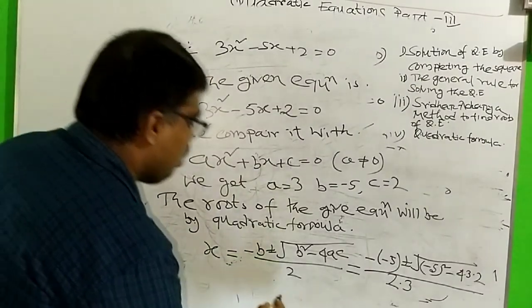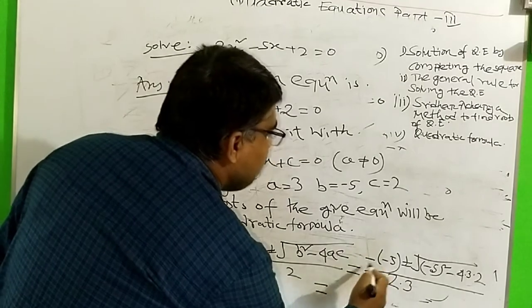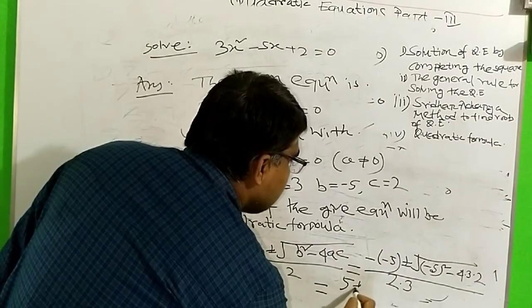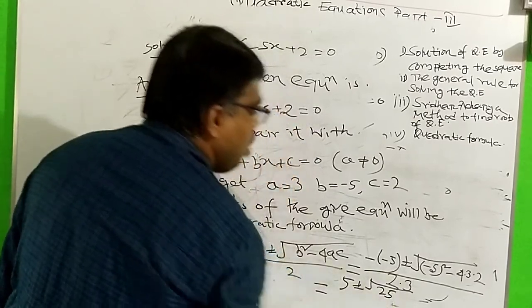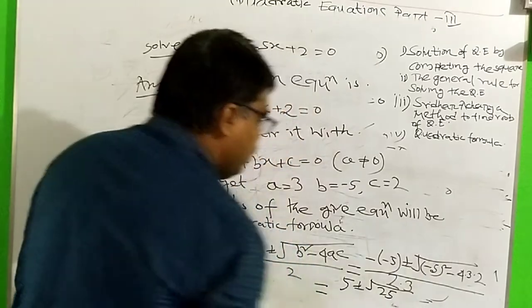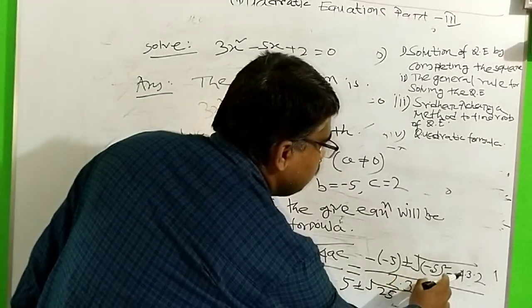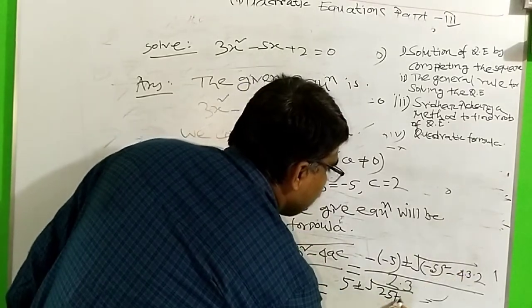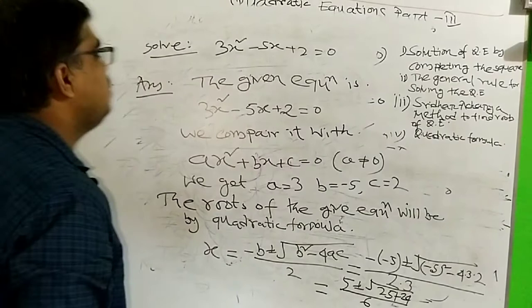That is, this equals minus 5 plus minus root over 25 minus 4 into 3 into 2, that is 12 into 2, 24, by 6.